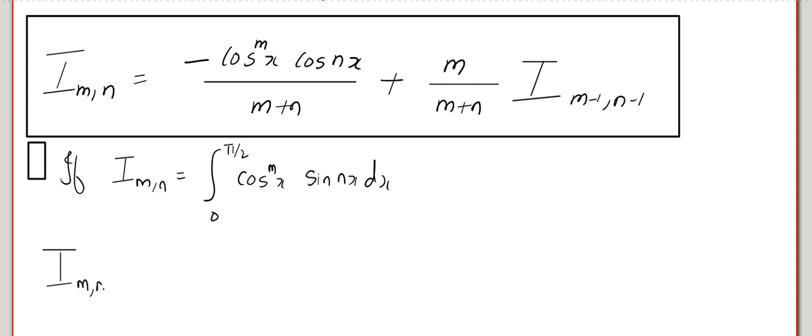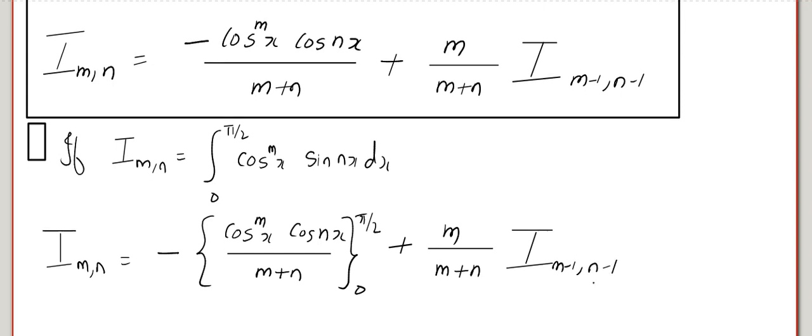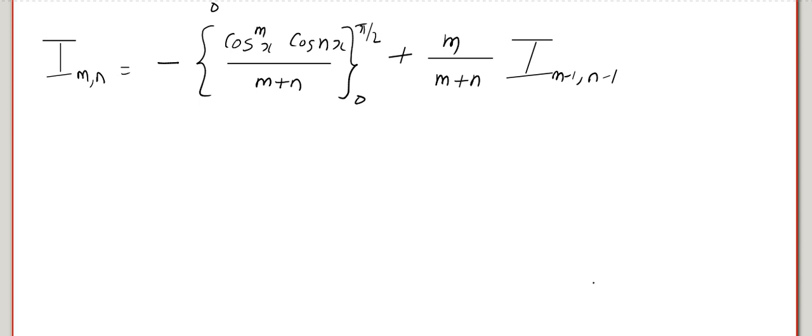You think about it. There won't be much difference except the fact that you have to apply upper limit minus lower limit. So I'm going to write 0 to pi by 2. Will there be any change here? No, there won't be any change. Now look at this.